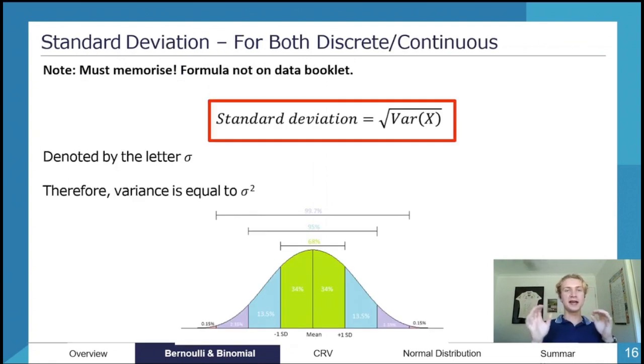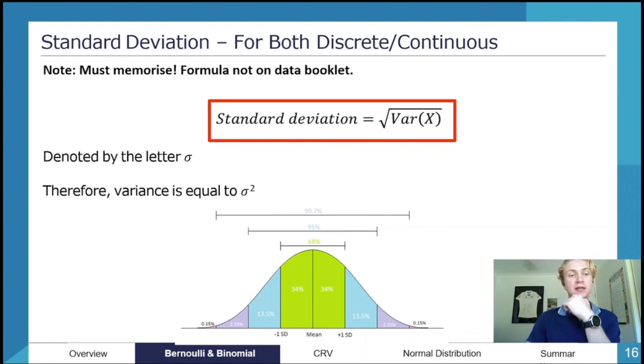All right, standard deviation. This one is for both discrete and continuous. If you're asked for standard deviation, all you do is take the square root of the variance. Now, this formula is not on the data booklet, which means you're going to have to memorize this one, unfortunately.